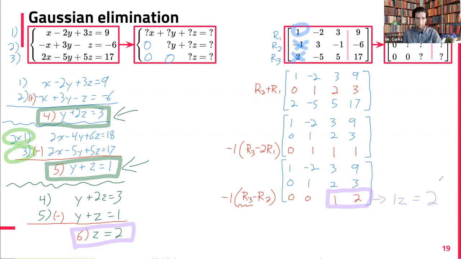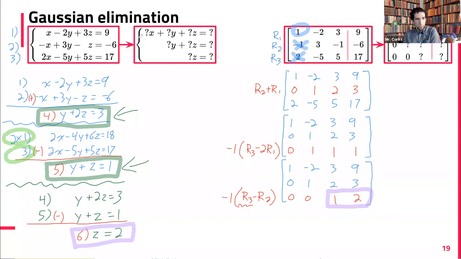So z equals 2. And we can just very easily take this and substitute back into the previous row, and then take those two and substitute into the previous row. So we can solve very easily for the remaining two variables.